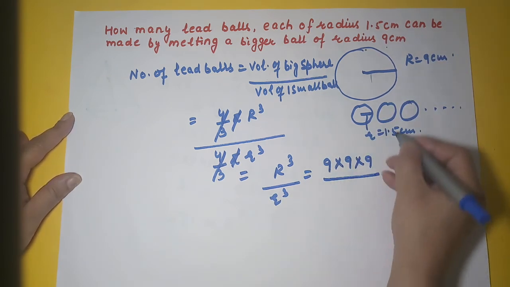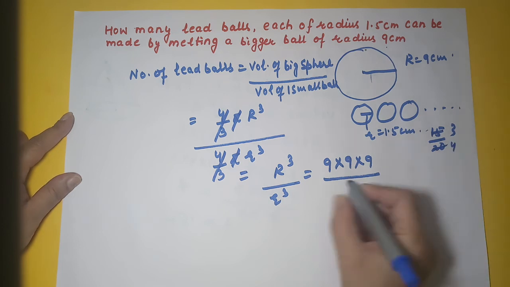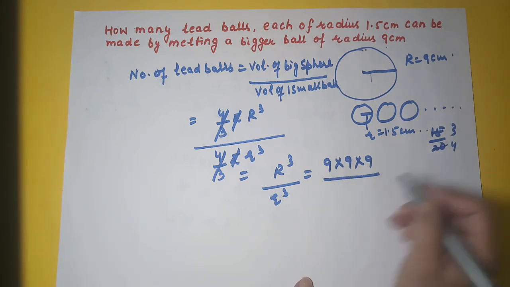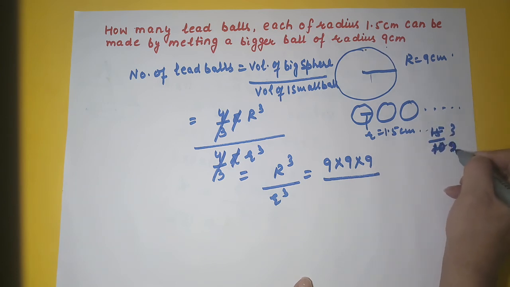divided by, this will be 15 by 10 only, sorry, this is radius. So 5 3s are 15 and 5 2s are 10, right?